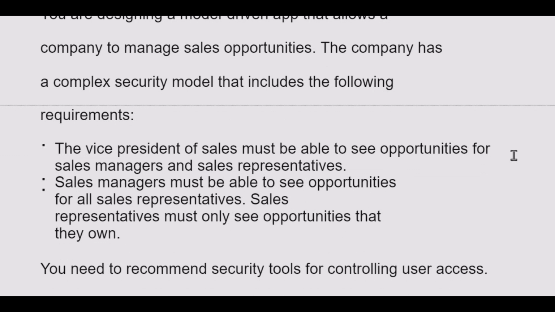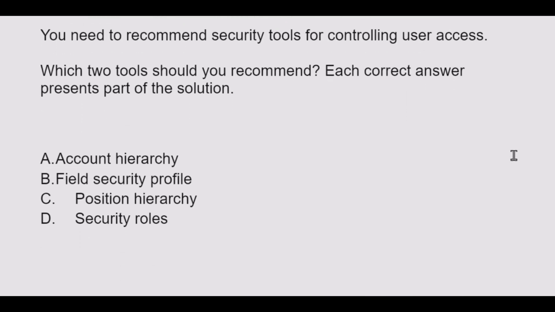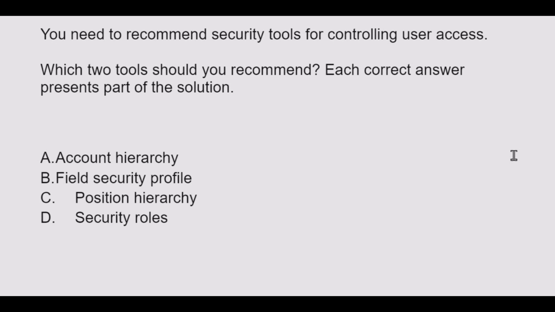Sales representatives must only see opportunities that they own. You need to recommend security tools for controlling user access. Which tools should you recommend? Each correct answer presents part of the solution. The options are option A, account hierarchy, option B, field security profile, option C, position hierarchy, option D, security roles. The correct answers are option C and D.